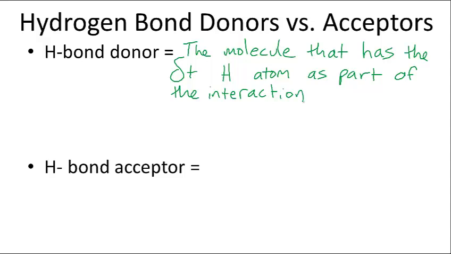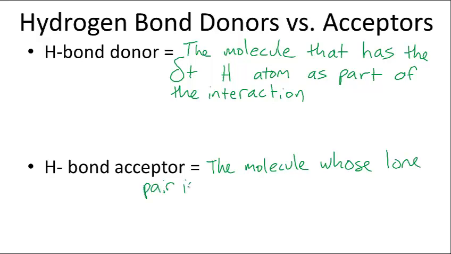And then a hydrogen bond acceptor would be the molecule whose lone pair is involved.